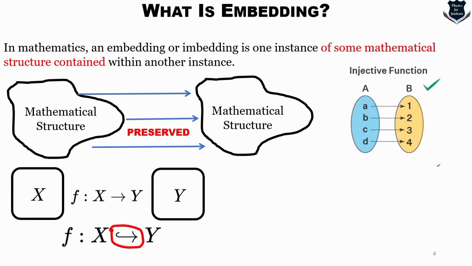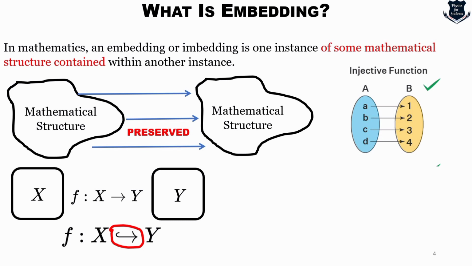When some object X is said to be embedded in another object Y, this object X, just as I told, is a mathematical structure which is being embedded into another object Y on the right hand side. The embedding is given by some injective function, and a structure preserving map, which is given by f, this notation, a hooked arrow.